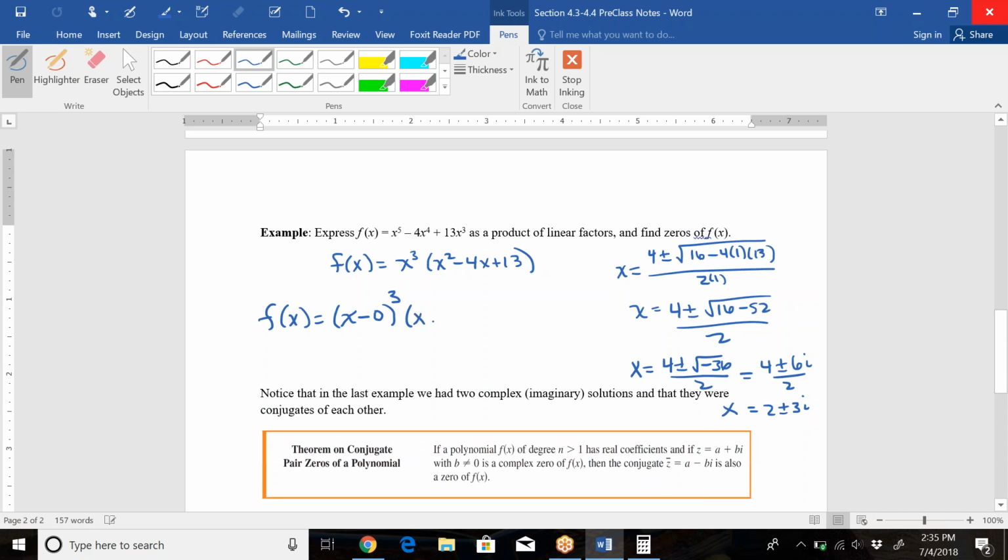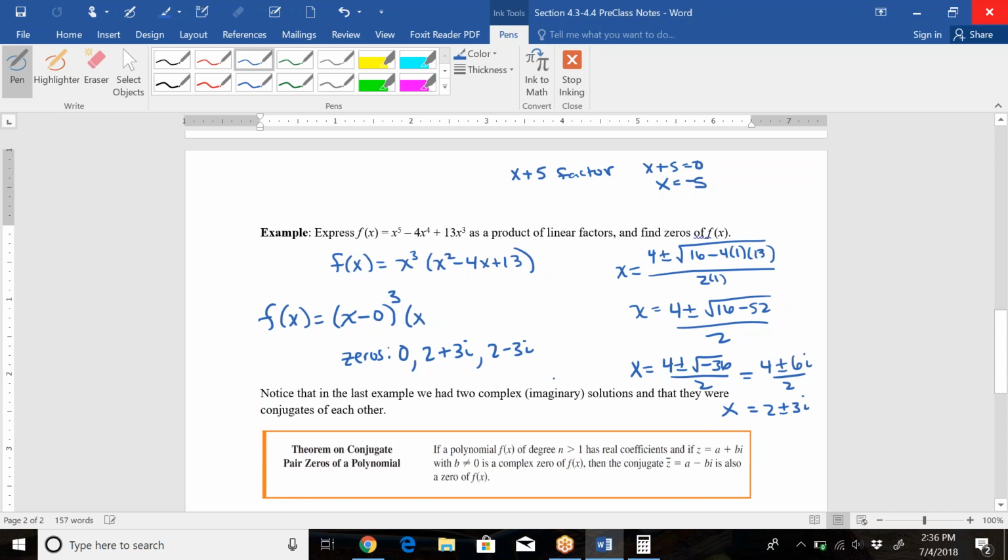When you write them, you have to imagine, so anytime you have a factor, just as a reminder, to find the root, you set that equal to 0 and you solve it. So notice it's opposite signs. When we move these over, they're going to be opposite signs. So these are the zeros that we got. We're 0 for the x cubed, and then we have a 2 plus 3i and a 2 minus 3i.